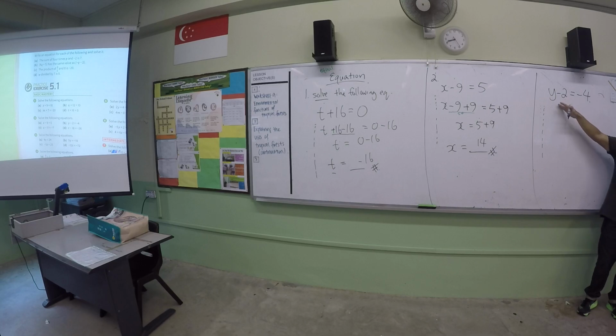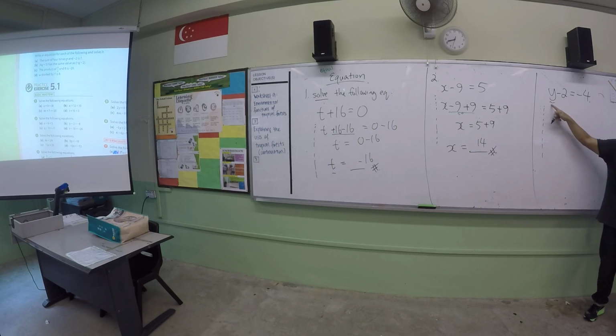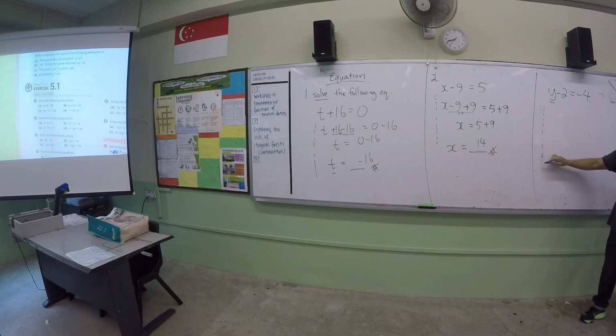When they ask us to solve the equation, they are asking us what is this value of y that will make left and right the same. At first, I may not know what is y, but as long as I can write equivalent equations until I put y on one side and all the numbers on one side, then I will know y must be this number, so that left can be equal to the right.